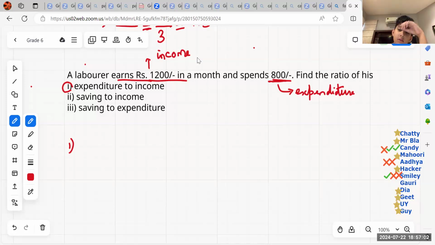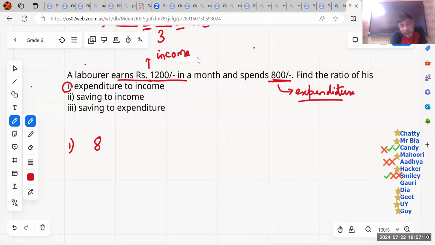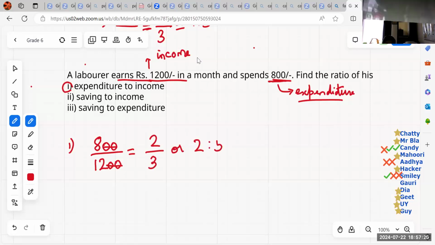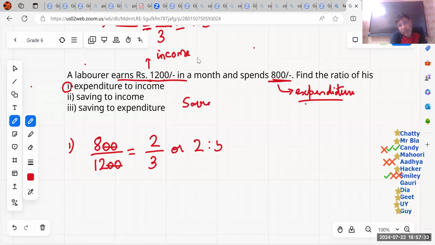Sir, the first question I am solving: expenditure is 800, income is 1200. So we will do 800 upon 1200, which is the income. Two zeros cut from here, two zeros cut from here. I will get 2 by 3, or 2 is to 3. For the next question, if your income is this and expenditure is this, saving will be income minus expenditure, which is 400.